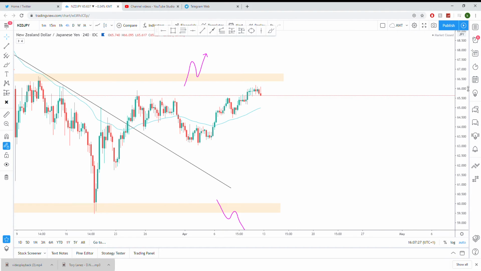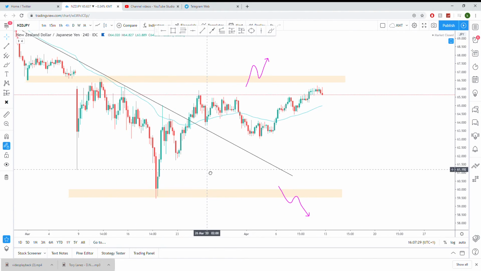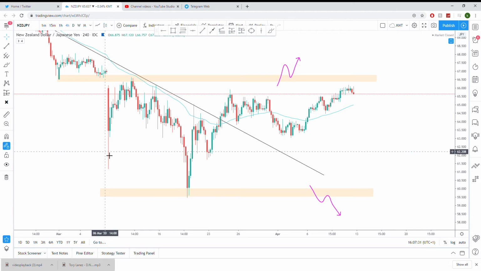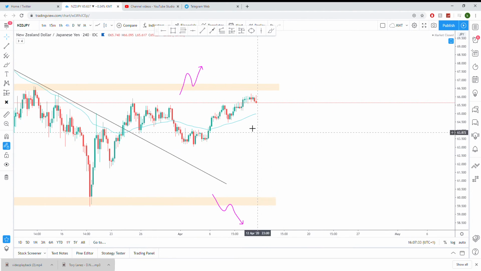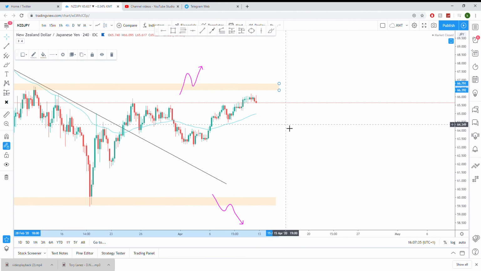Again, New Zealand dollar, Japanese yen, stuck in this range bound for roughly a month, since the 6th of March, but we are close to our top zone, so could be good news for a potential trade. If we do break out above here, again following the push, pullback and push again method, the range is at 66.376 to 66.776.